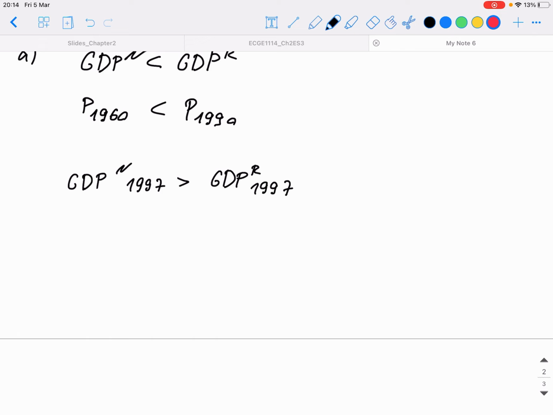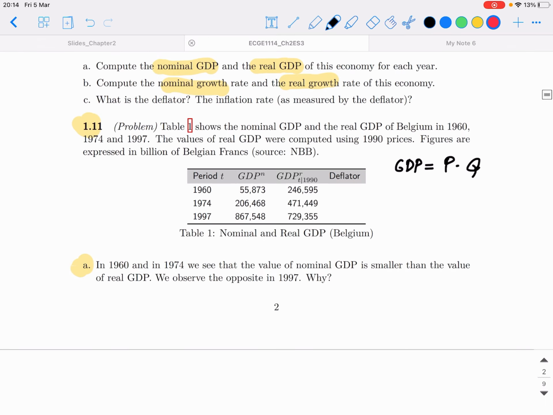Here we have just the opposite. The prices of 1997 were bigger than the prices of 1990 because prices always grow.